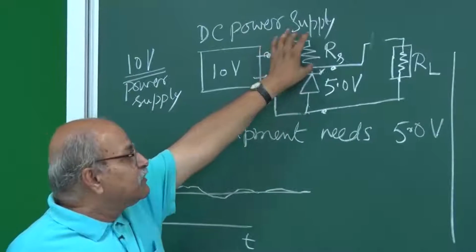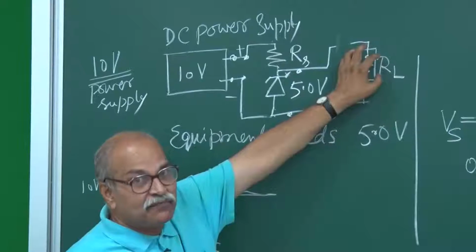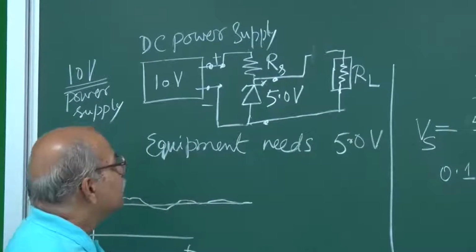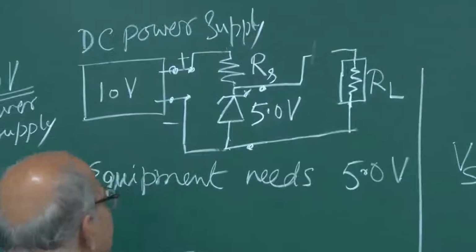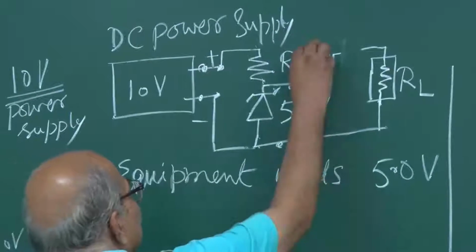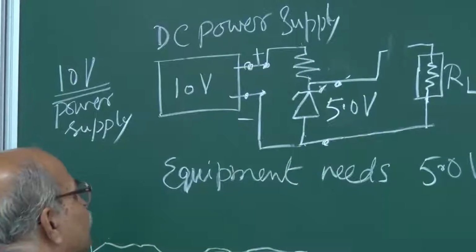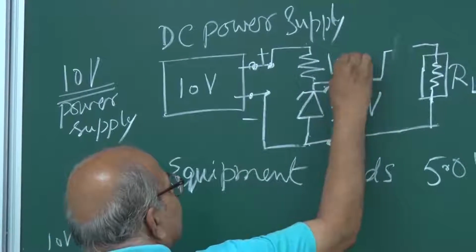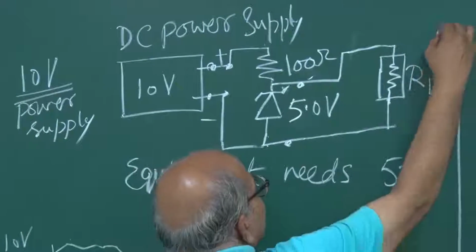So now let me come back to my circuit here, my equipment, my appliance here, and let's choose some RS. Definitely I won't like to choose just 50 ohms, so let me take 100 ohm, and I connect this, and suppose this RL is 1 kilo ohm.